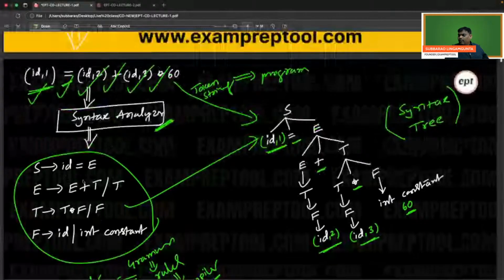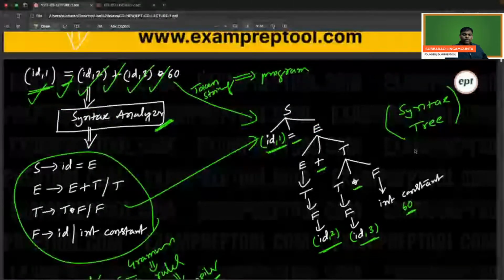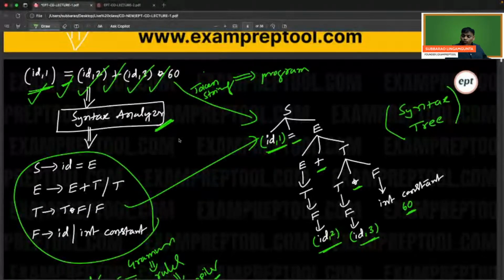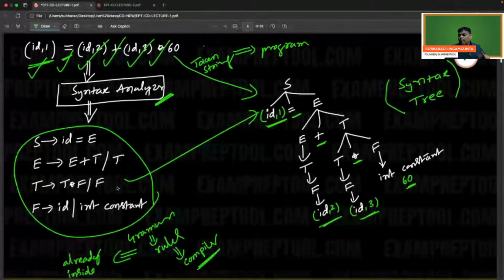So finally it will generate a syntax tree as the output. From today onwards, if anyone asks you the syntax analyzer input, you say token string. If you want, you can say two things as input: token string is one input, and grammar, but grammar is inbuilt. Grammar means compiler. Without a compiler, you cannot compile the program.